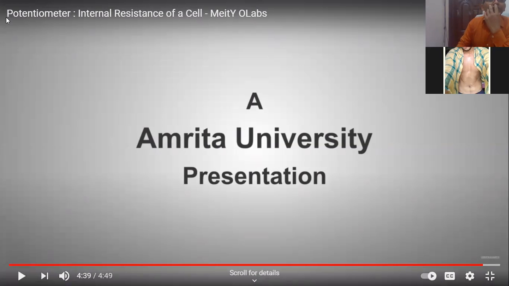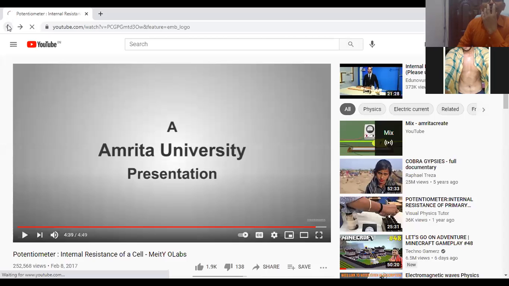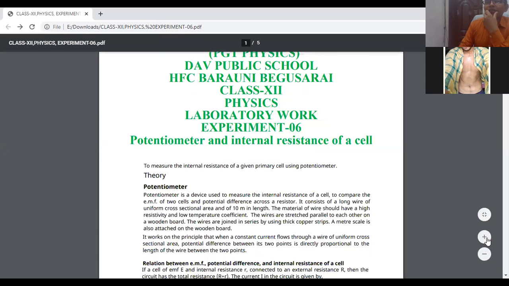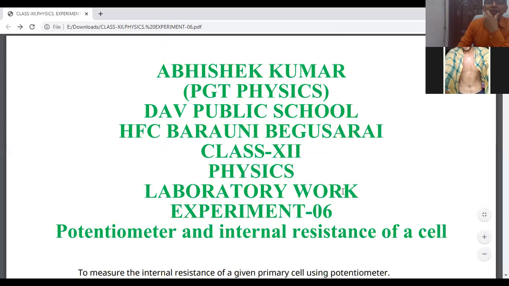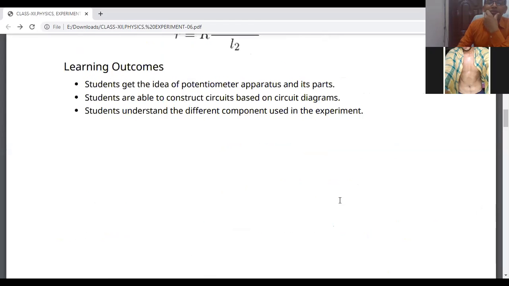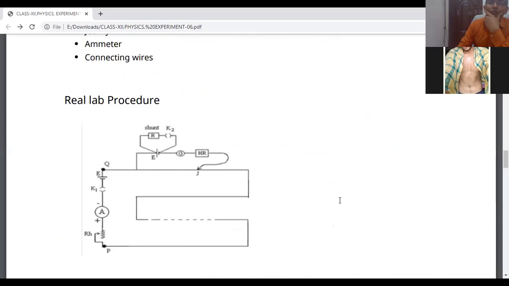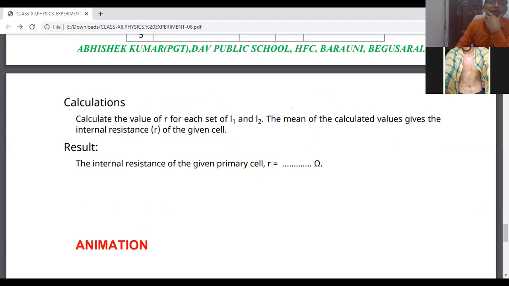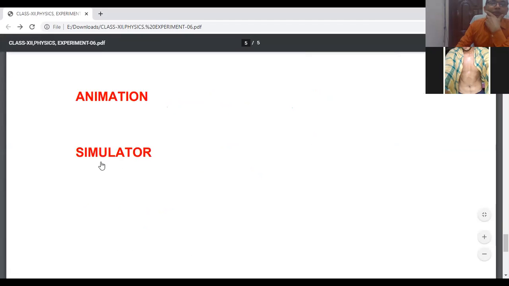This was the animation part that we have learned from here. Now here we will work in a real lab, so virtually here we will act as working in a real lab. So we move on to the simulator part.